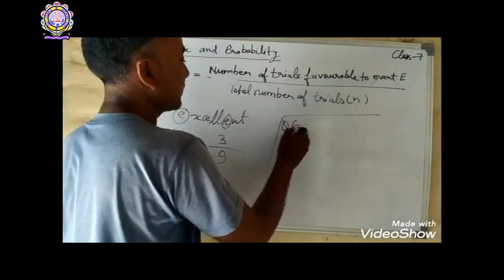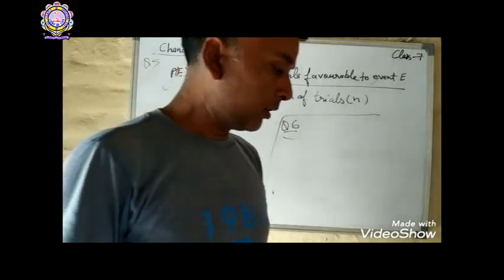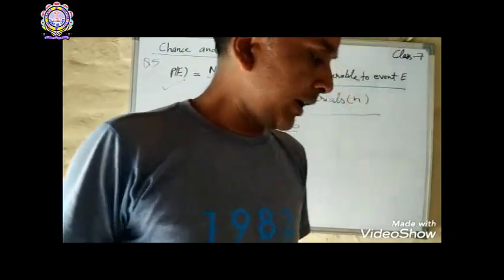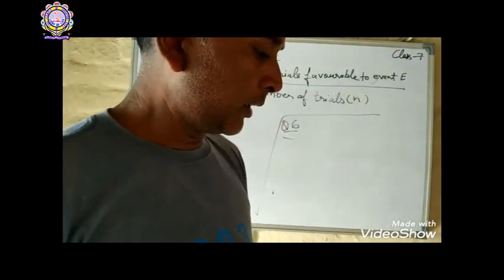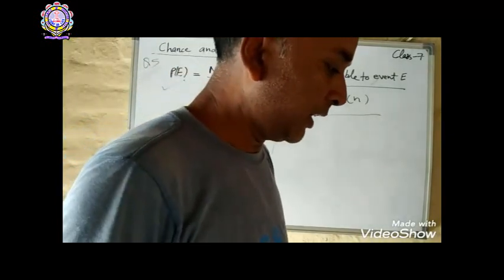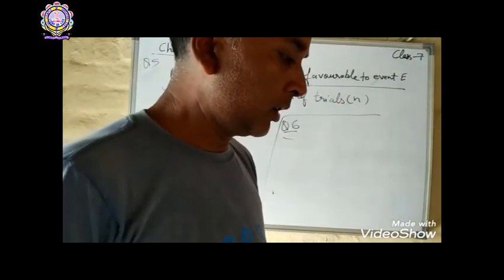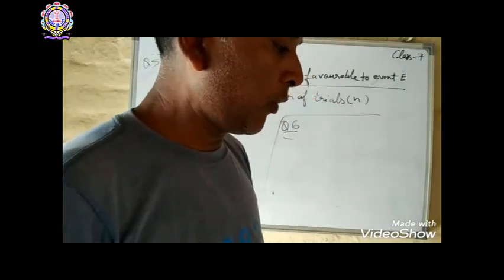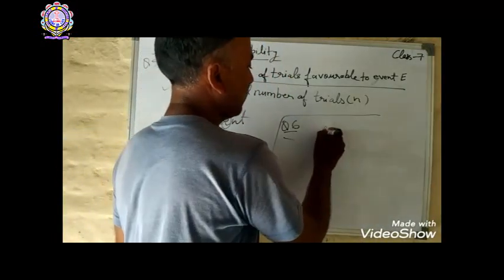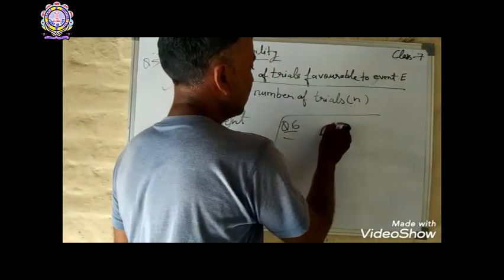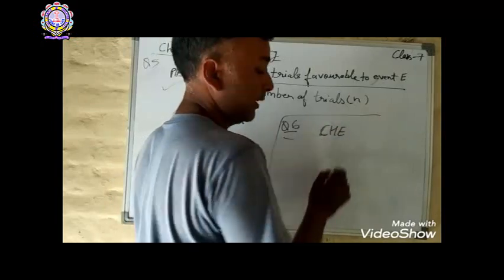Question number 6. One letter from the word CHENNAI is chosen randomly. The letter is a vowel.